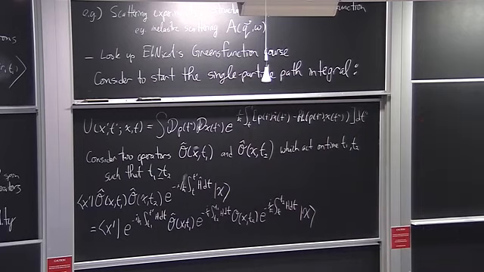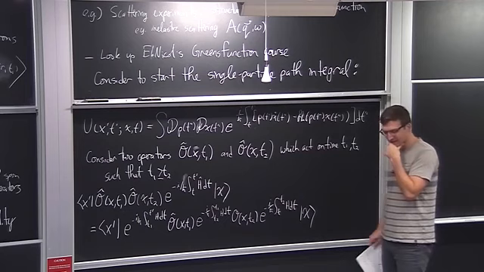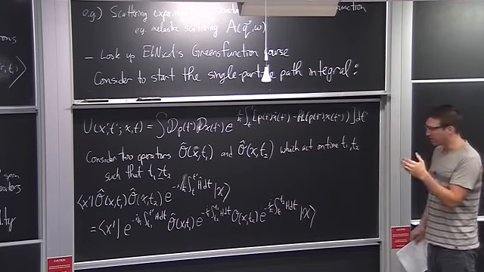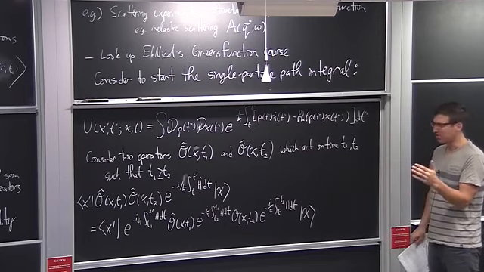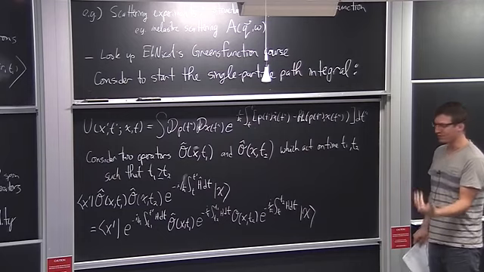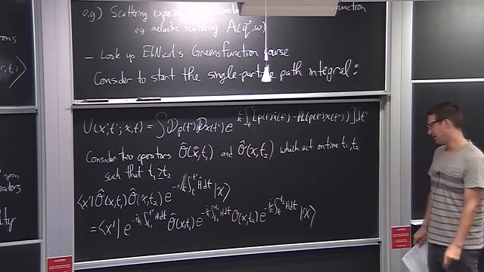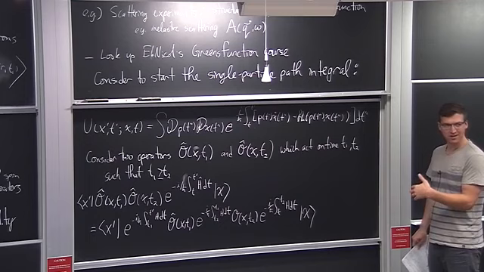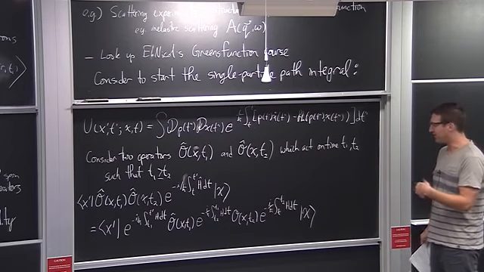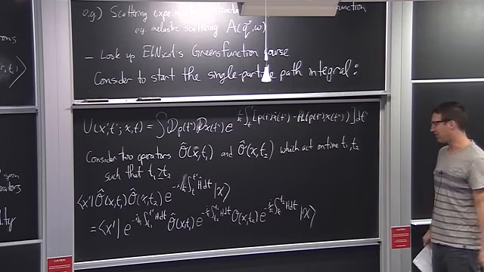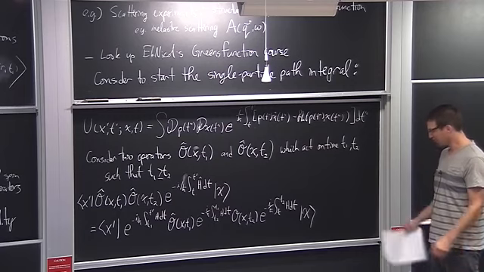And then imagine doing the discretization that gives us the path integral. Remember, we break up this exponential into a bunch of approximately commuting terms, insert resolutions to the identity. We do it in discrete time, and then we take a limit when delta t or epsilon or whatever I called it goes to 0.